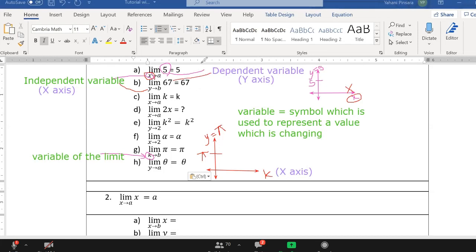Okay, so if we represent it in a graph, what happens is, here we have to write y and here 67. Can you understand? This is the independent variable. Kevin, do you have any question?